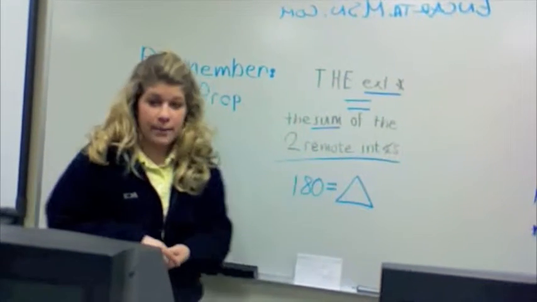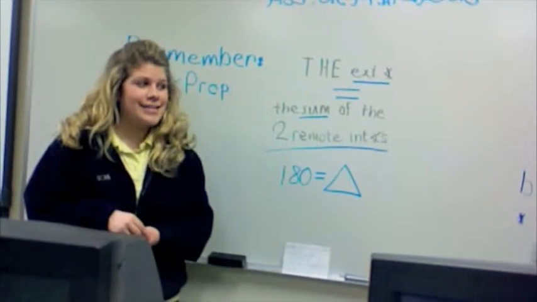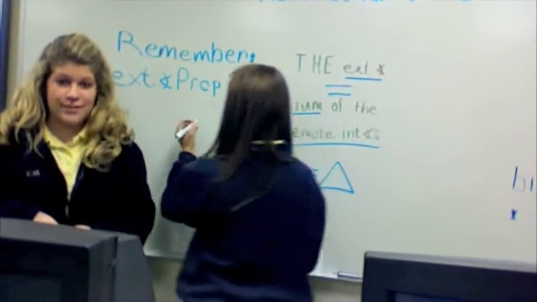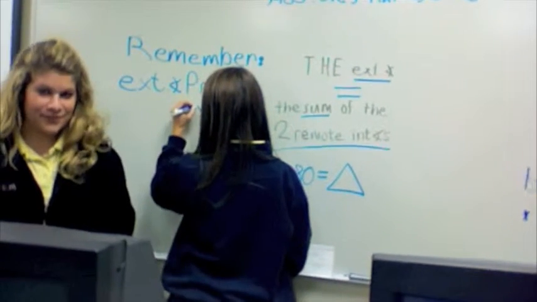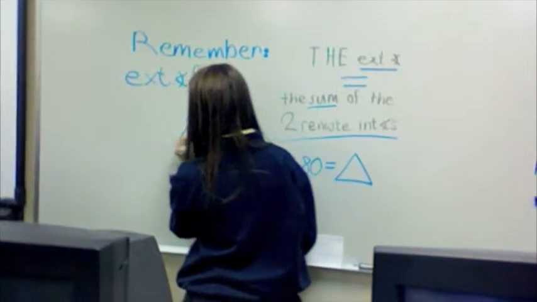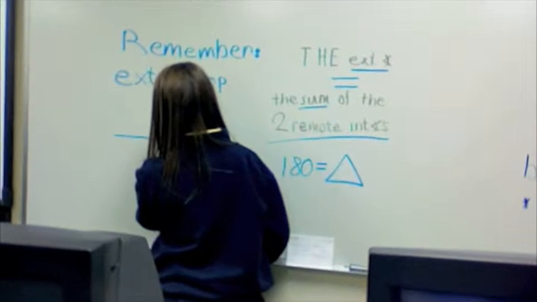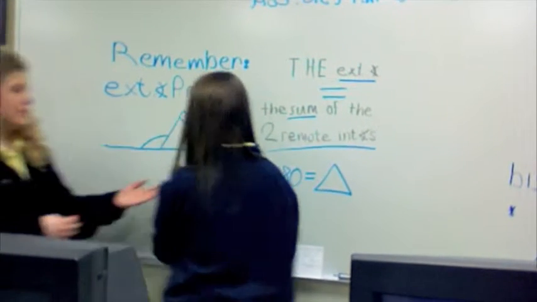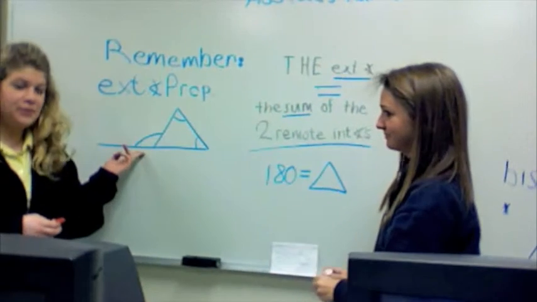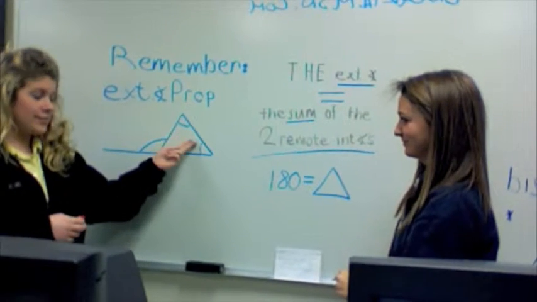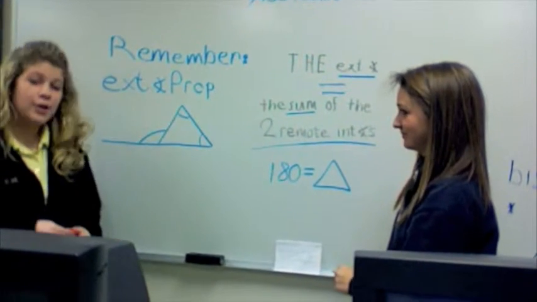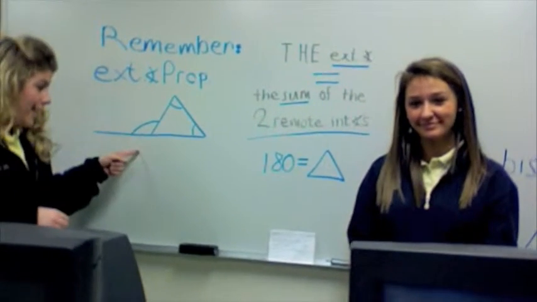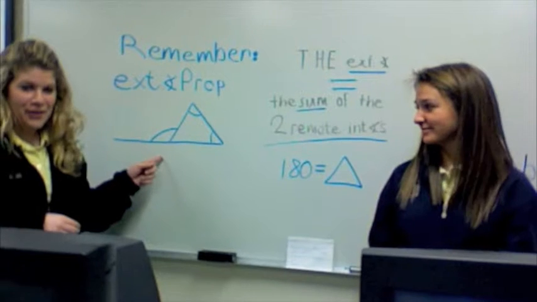I'm going to now invite my drawer, Tay-Tay, to come up here and draw me a triangle that states this property. This is the exterior angle, and these two things happen to be the two innermost remote angles. And you know what they equal? The exterior angle.